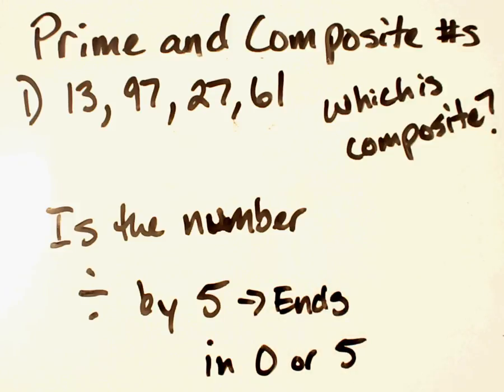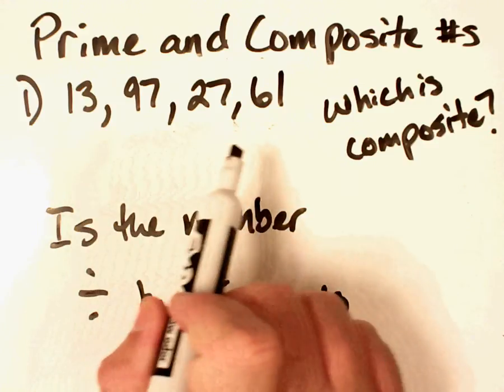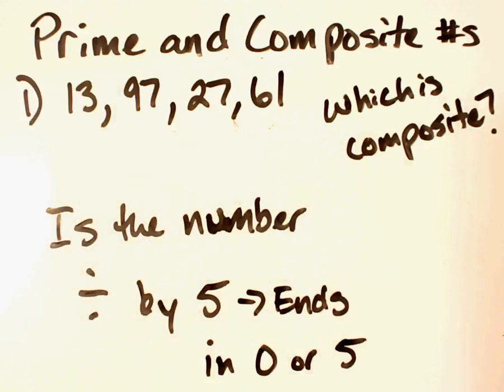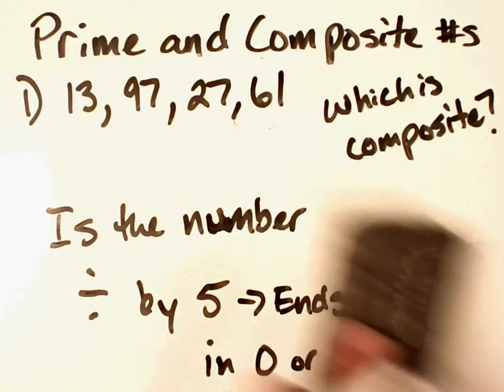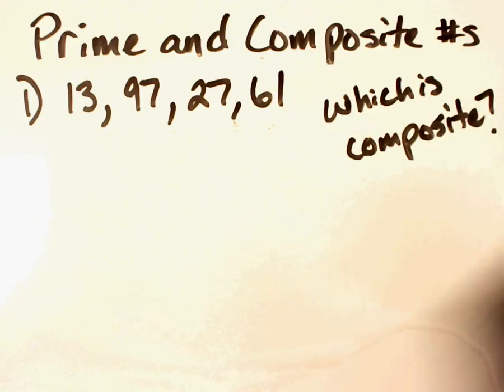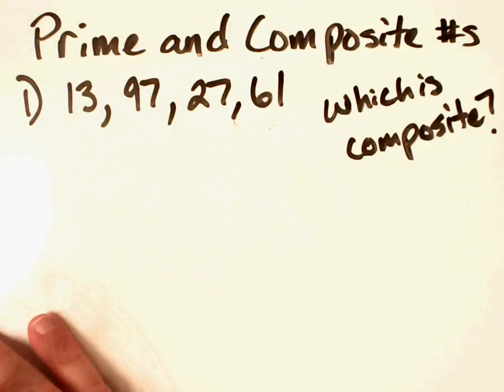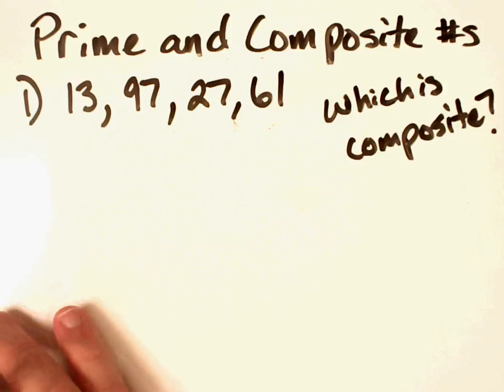Any number that ends in 0 or 5, I can always divide by 5. All right. Once again, though, that doesn't really help us with this particular number set. So now we've got to do a little bit of work. My first two checks, the first thing I want to always do, is it even and does it end in a 5? That will give me a really quick answer and I won't have to do a lot of computation. But for this, unfortunately, I'm going to have to do some computation.